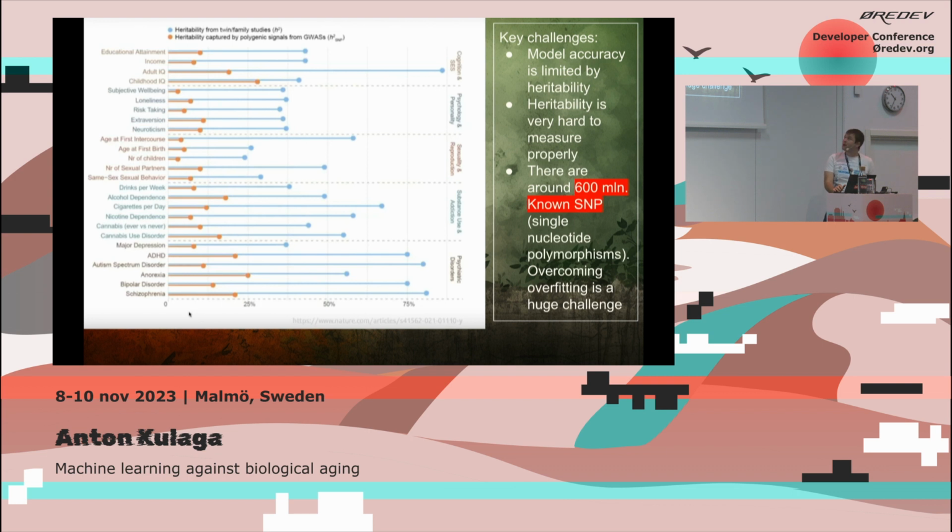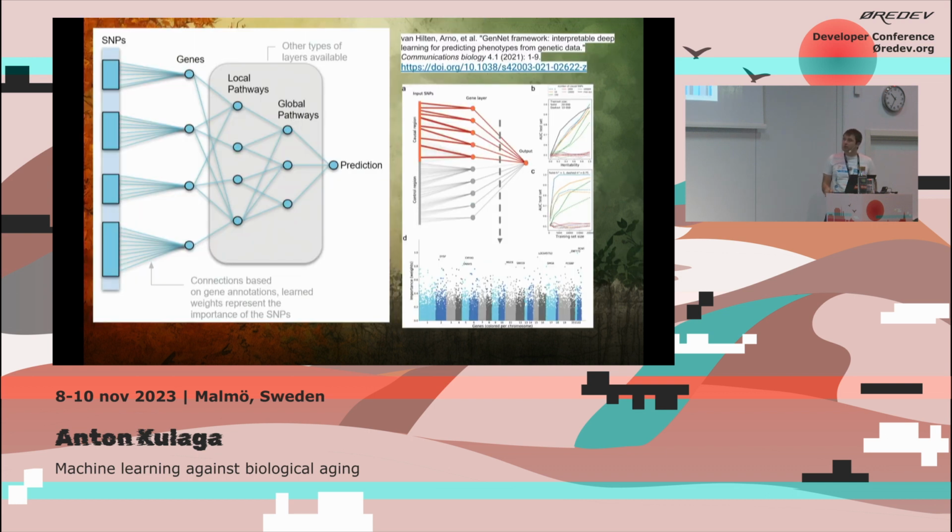And here it's very hard to interpret because it just increases or decreases your chances to have some phenotype. It's not always straightforward. One of the techniques used for explainability is connecting information: we have a neural network and we connect information with known biological pathways, and we change the topology of the neural network to connect it with biology.